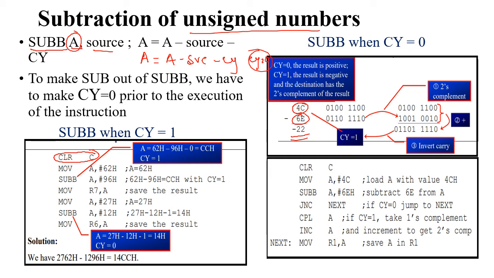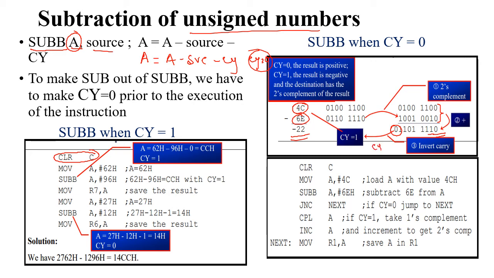So 4C is 0 1 0 0 1 1 0 0 and the 2's complement of 6E is 1 0 0 1 0 0 1 0. Then you need to add these two. When you add, you will get 1 1 0 1 1 1 1 0 with the carry equal to 0.